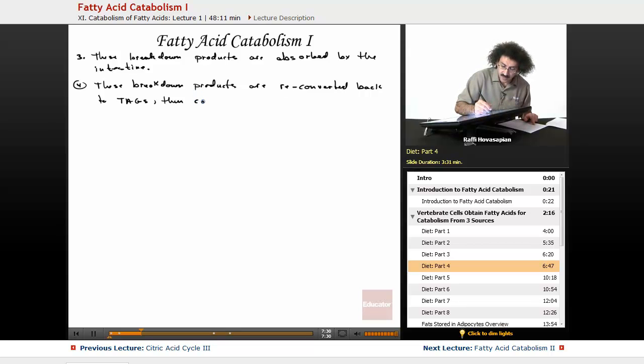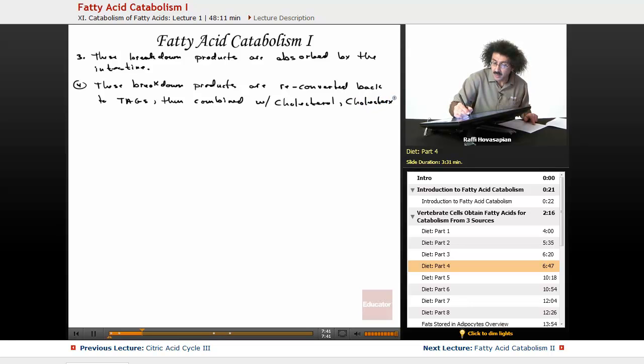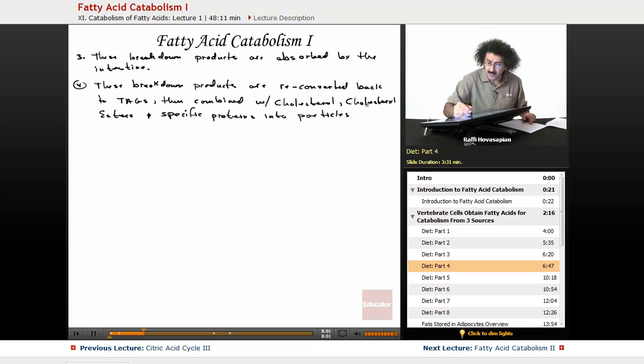Then these TAGs are combined with cholesterol, cholesterol esters, and specific proteins into particles called chylomicrons. And there's a picture of a chylomicron in your book.